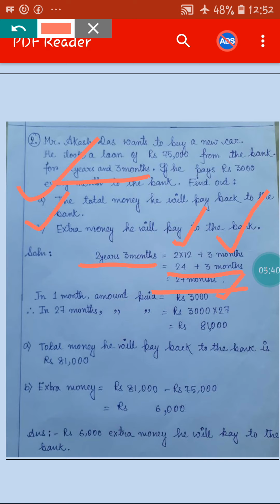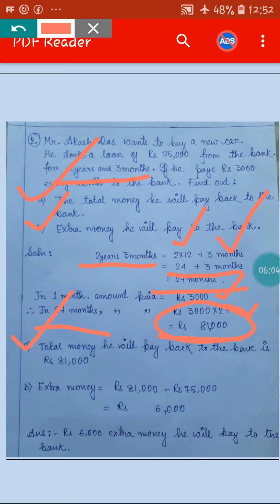So in 27 months amount paid will be rupees 3,000 into 27. Here the answer will be rupees 81,000. That means in 2 years and 3 months Mr. Dash will pay rupees 81,000 to the bank. Now this will be the answer of the first question.